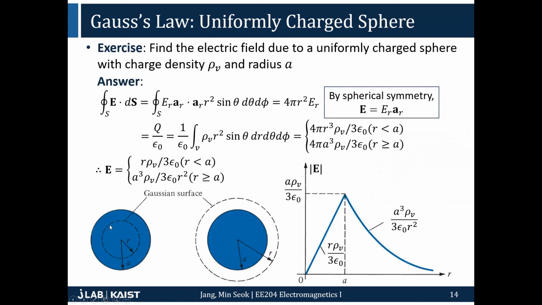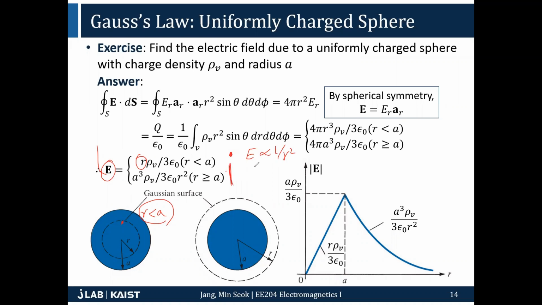So in this case, as we discussed earlier, when you are in a bulk sphere, when R is smaller than A, then the electric field is linearly proportional to R. And this is kind of clear from the previous examples. You remember that if you have a point charge, E is proportional to 1 over R squared.